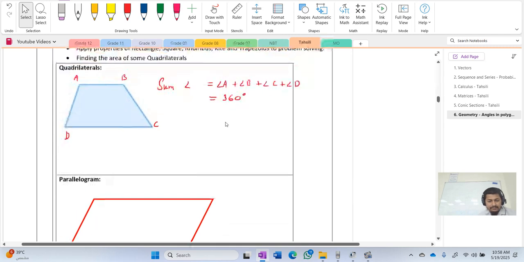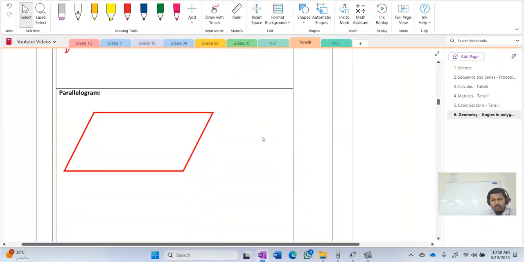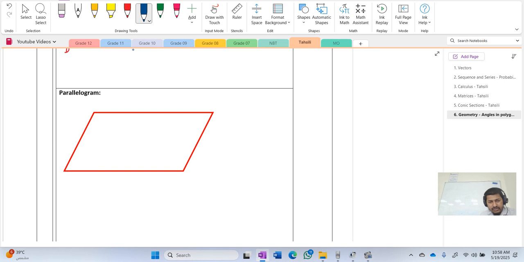In a parallelogram, what is a parallelogram? Now we need to look at the properties of a parallelogram. In a parallelogram ABCD, we know opposite sides are parallel, right? And they are equal. So let's write these properties down. Opposite sides are parallel.